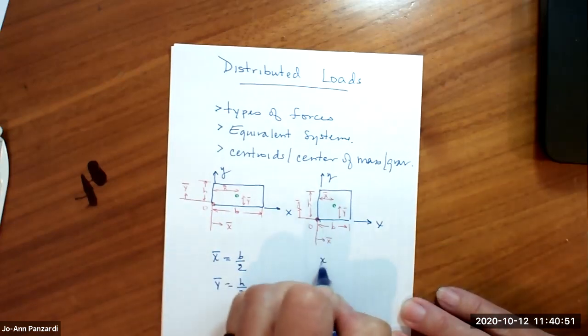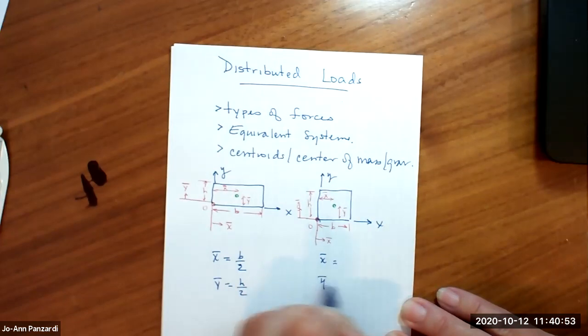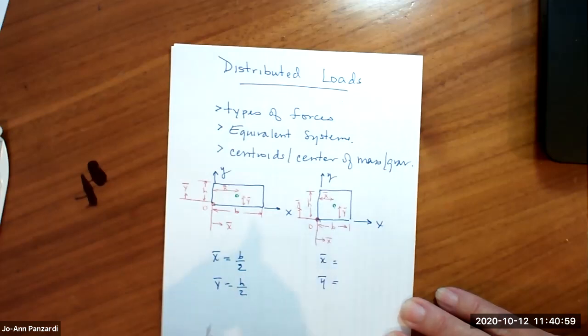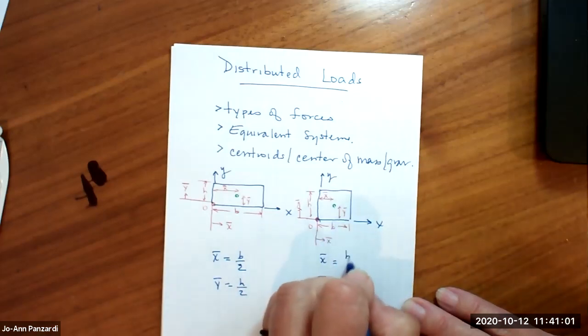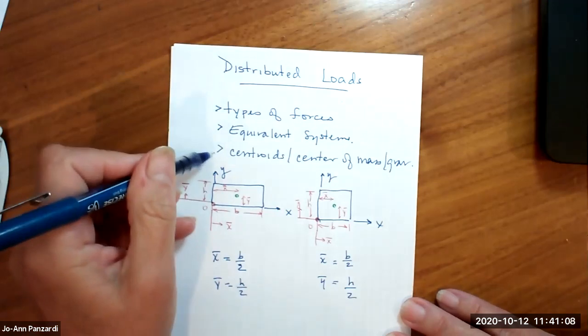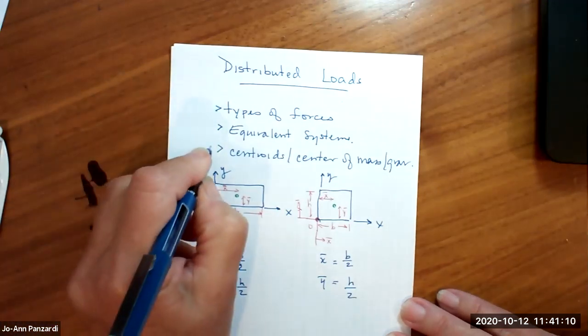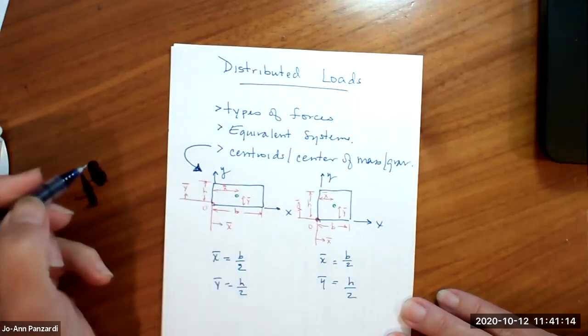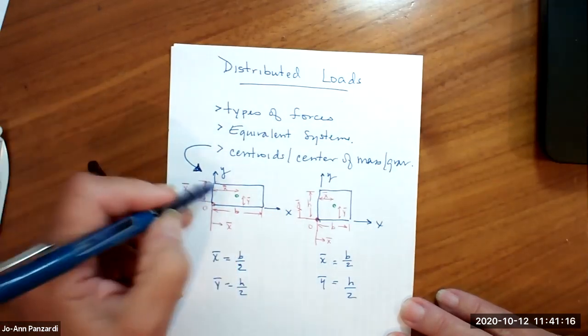And the same thing with a square: x bar, the distance measured from the origin over to where the centroid is, is B over 2, and y bar is h over 2. So in terms of centroids and center of mass, the only thing we're looking at right now is the value of the centroid for a rectangle and a square.